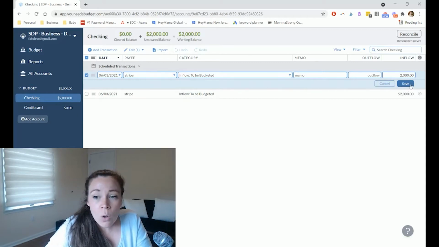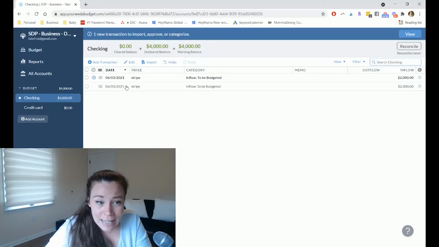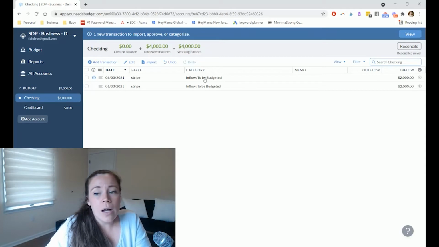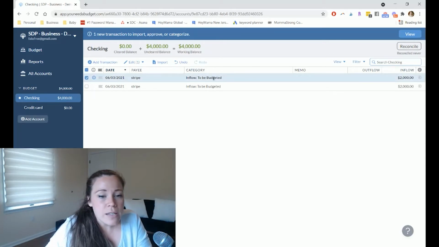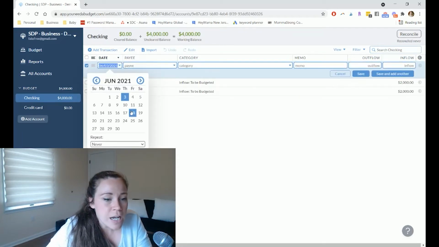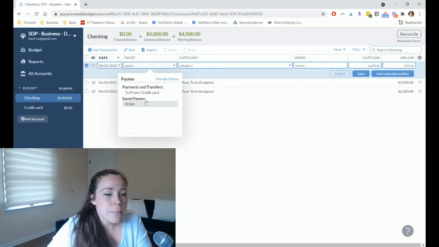Now, when this money actually comes in, what we can do is change the date on it. Just don't hit this green button here. We're not going to mess with that yet. So let me just approve this. We have another transaction coming in June 23rd. That client is going to be paying me.